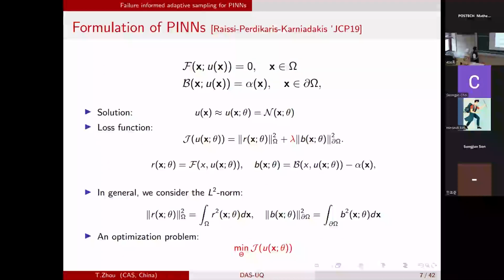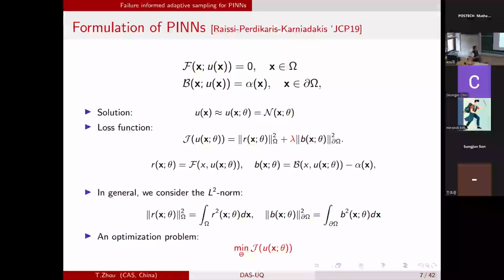The idea is to minimize this loss function, because if this is a good approximation for the solution, this should be 0, and the other one should also be 0. So the idea is just to minimize this loss function to obtain the optimal parameters. In this way, you will get an approximation u.